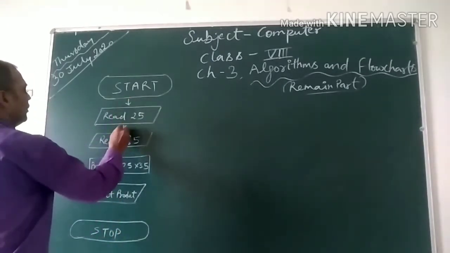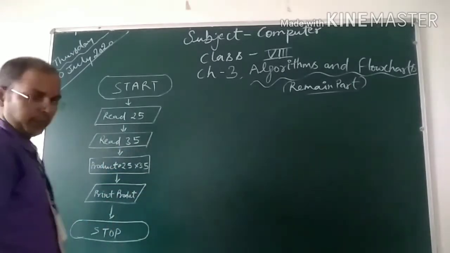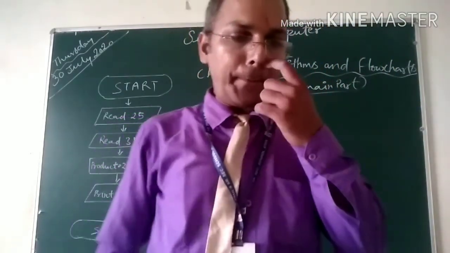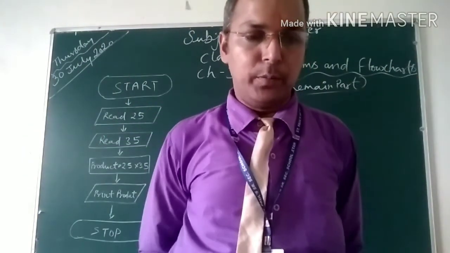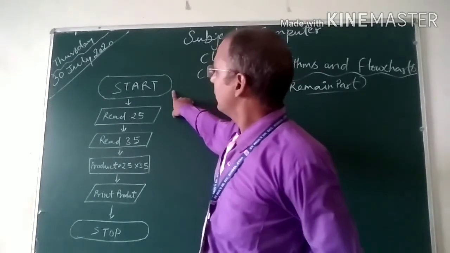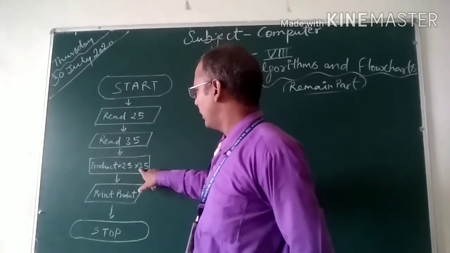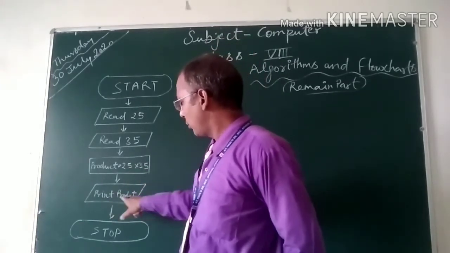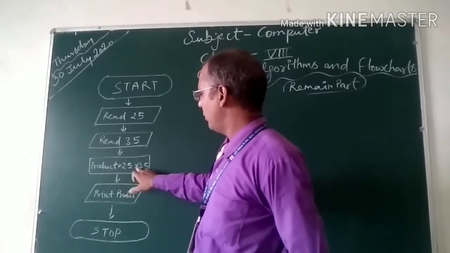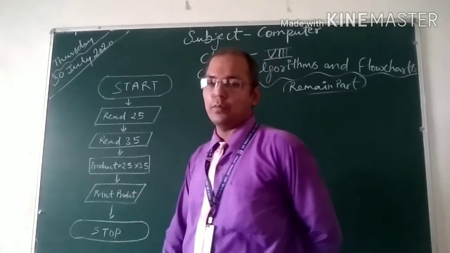So my students, this is the example of a flow chart to find the multiplication of two numbers, like 25 and 35. One is start, second read 25, read 35, product 25 into 35, print product, and last, stop.